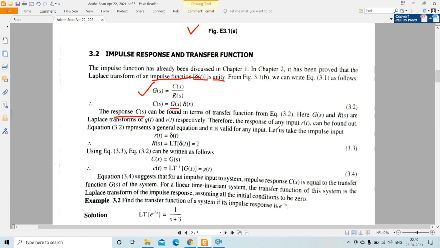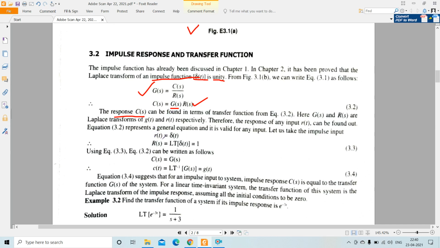Therefore the response of any system to any input r(t) can be found out from this expression, because here R(s) is the Laplace transform of r(t) and C(s) is the response. So here we can find out the response of any input. Okay, so let's take the impulse input.